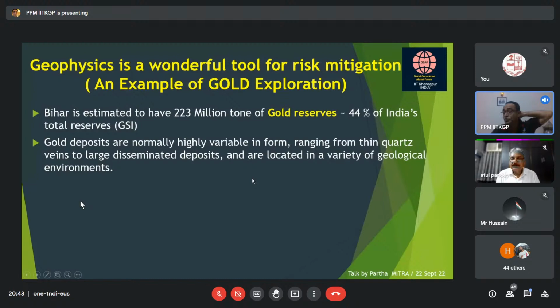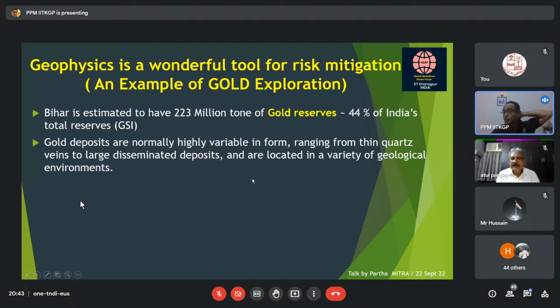We can have an electrical survey because that gives a high electrical resistivity value, which goes up to 2 orders of magnitude. So ultimately, what I'm trying to say is, you can use different methods to reduce your uncertainty in any geophysical method, whether it's oil and gas or gold.